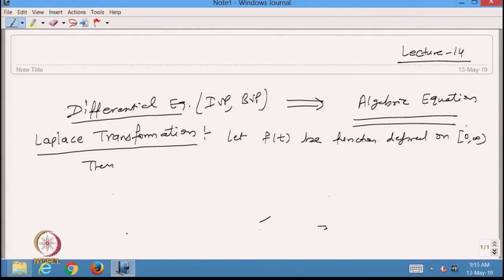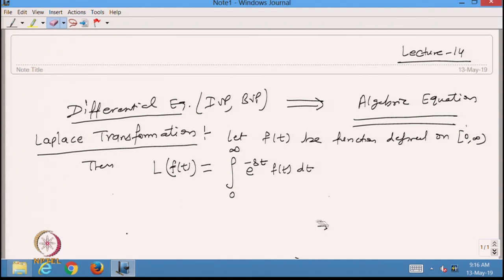Then I take the Laplace transform L of f(t) by taking the integration from 0 to infinity of e raised to power minus s t, multiplied by f(t) dt. So, this is the integration we are going to take.